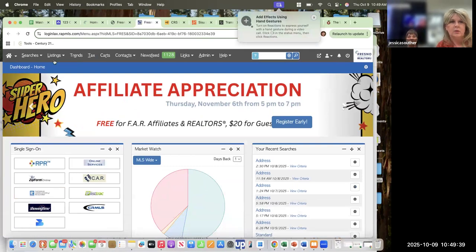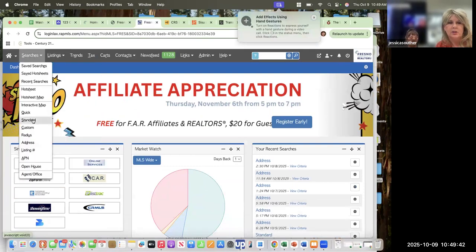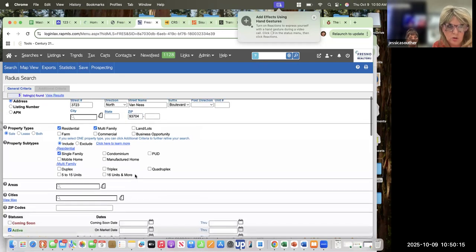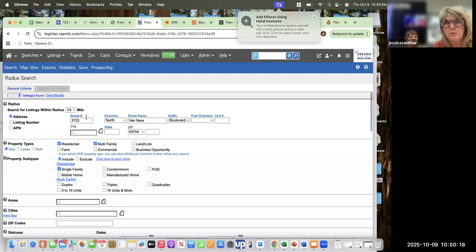Okay. Yeah, so if you're just going to do a simple CMA, you're going to do a radius search. And then let's just stick with this one because we're already here. So there's 3 homes within a fourth of a mile.